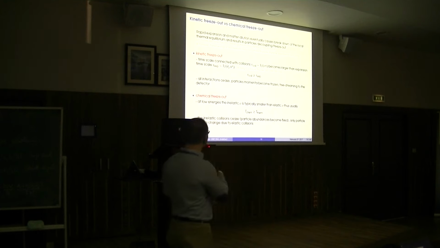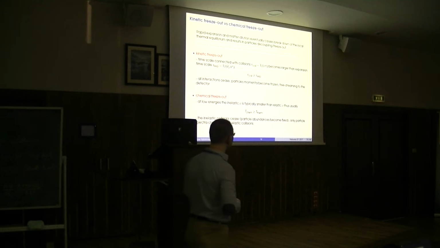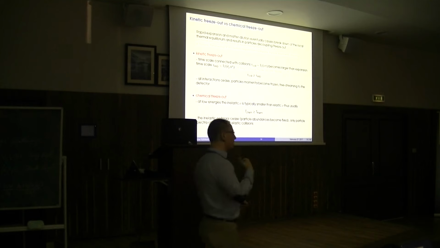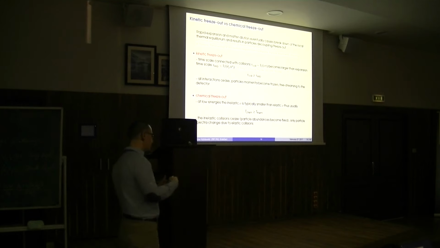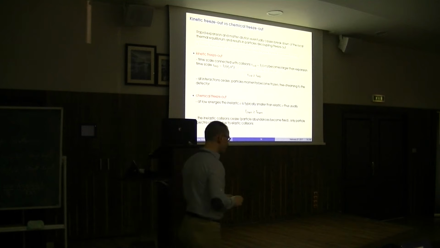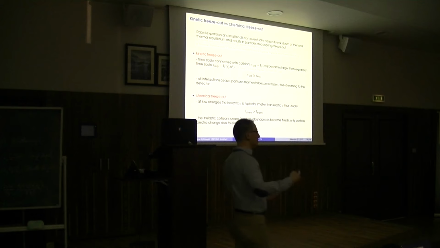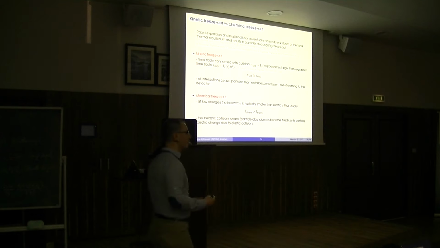This means that the inelastic collisions cease and the particle abundances become fixed. This is due to the fact that you cannot create any more new particles. So, for example, the numbers of pions, kaons, protons, and other particles become fixed.